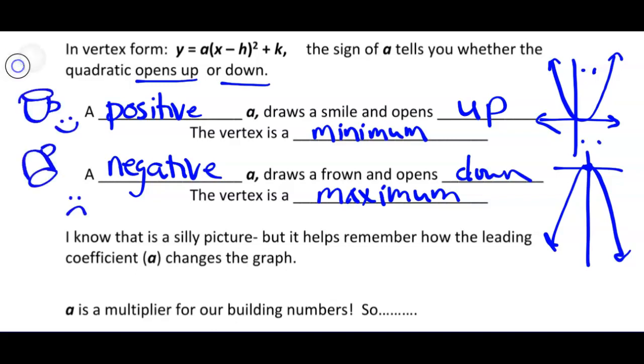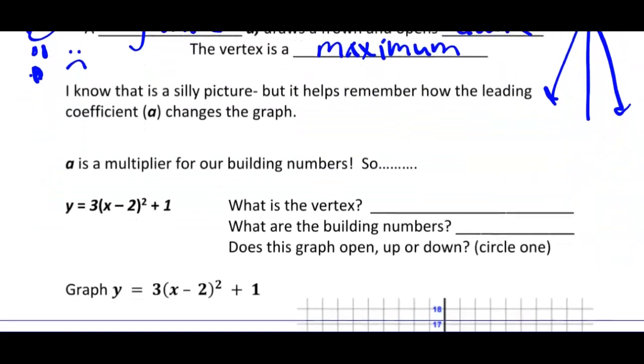Here, my parabola holds my coffee, and as you know, Mrs. Harlove's happier when she has her coffee. And here my coffee would be dripping out. Very sad. Makes me have a sad face, and it looks like a sad face. Okay, enough goofing around.